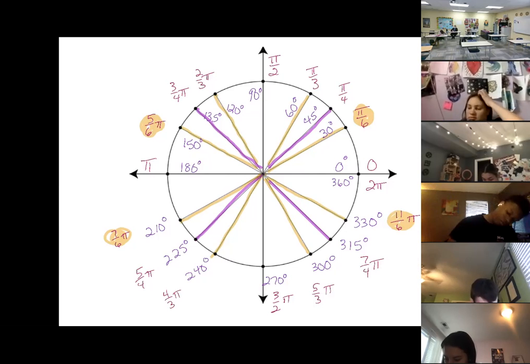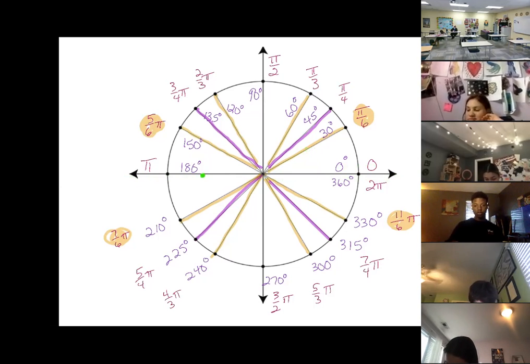One way to think about it is they're 30 degrees off of the x-axis. 30 degrees up is 1/6. 30 degrees up here is 5/6 because I'm just 1/6 away from a whole pi. 30 degrees down is 7/6 because that's a whole pi, 6/6 plus 1 more.